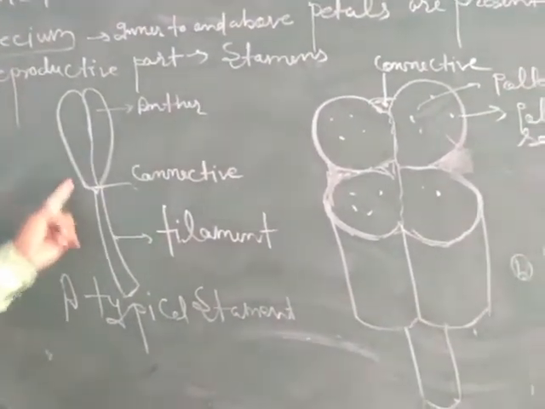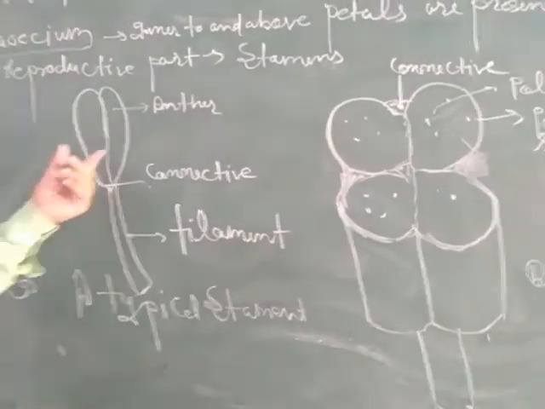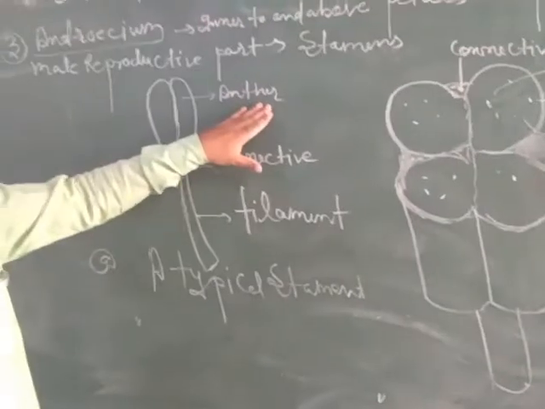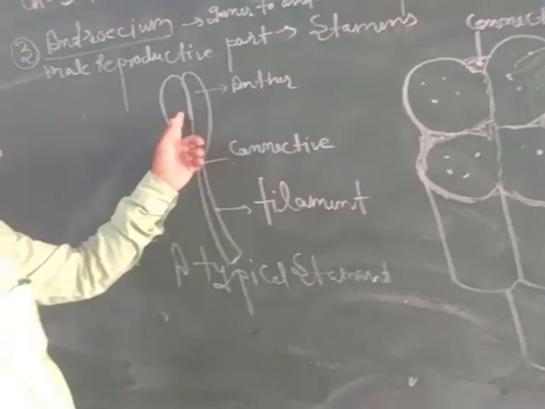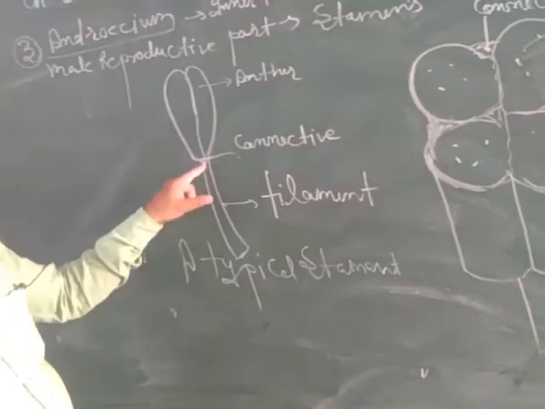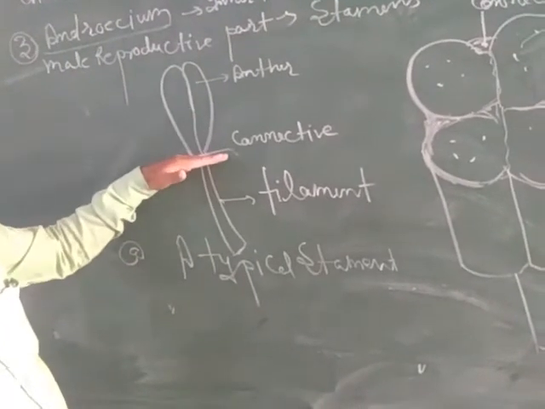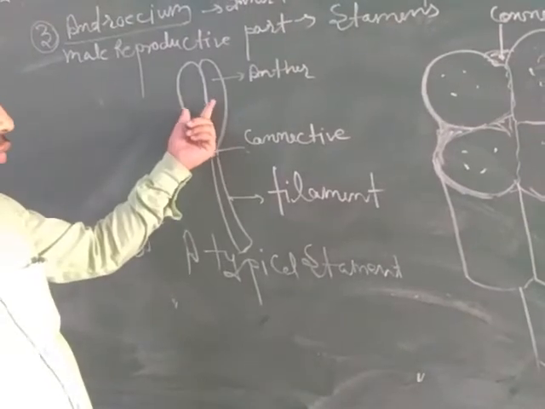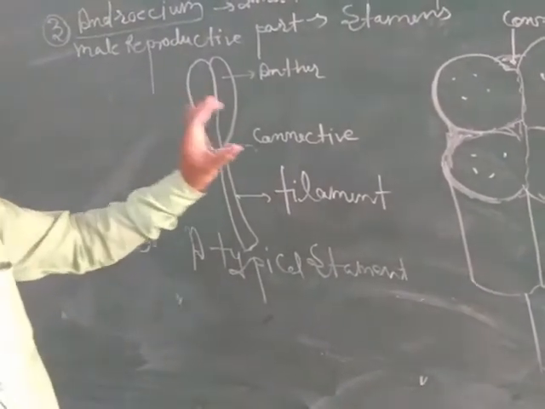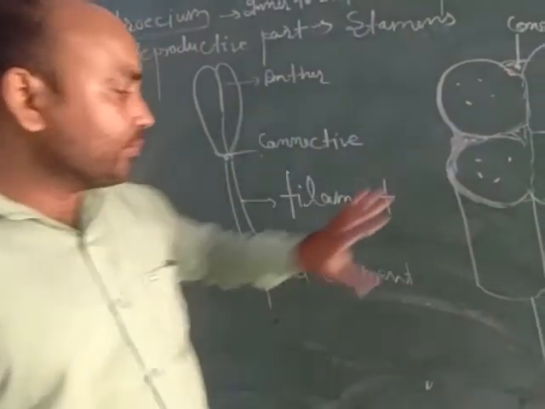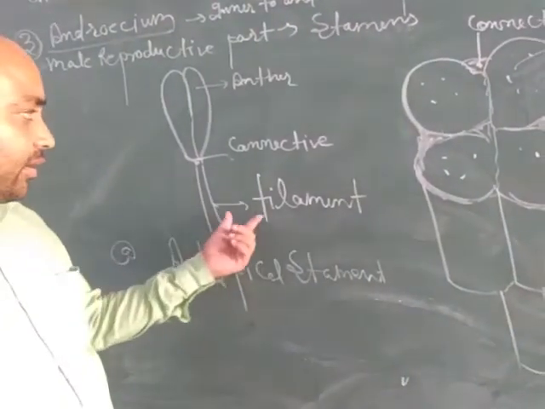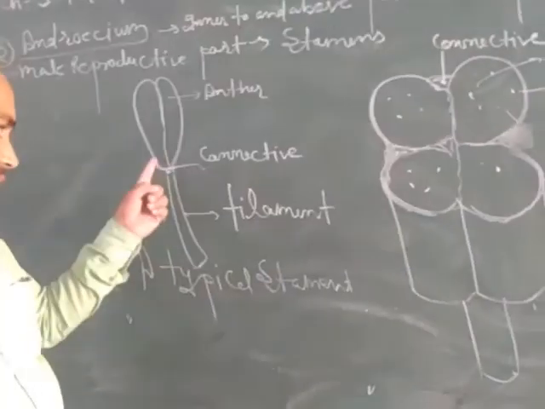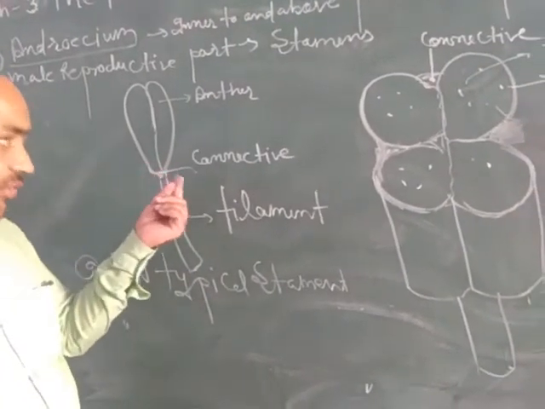We can watch the structure of a stamen. There are two main parts. The upper swollen part is called the anther. It is divided into two parts. It is basifixed, because it is attached from its base, and dithecous and tetrasporangiate, meaning the anther contains four chambers. Below the base of the anther is the filament, which is connected with connective tissue.